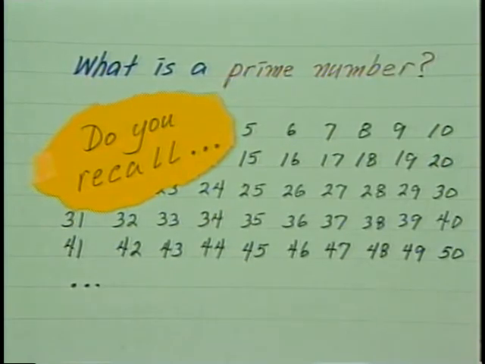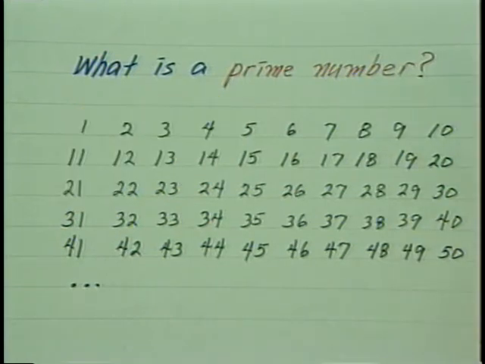Therefore, to get started with that review here, do you recall what a prime number is? It's not only important that we know that, it's absolutely necessary. Here we have all the natural numbers written up to 50, and of course the list goes on forever.